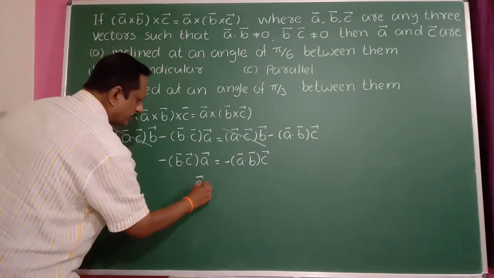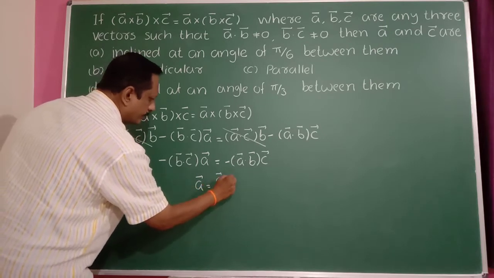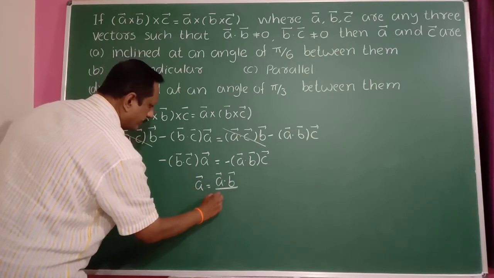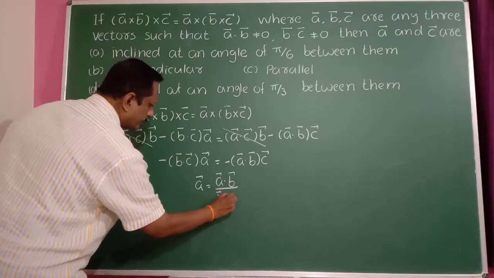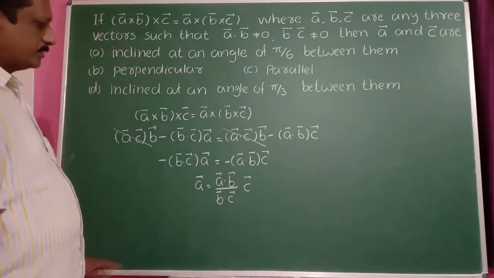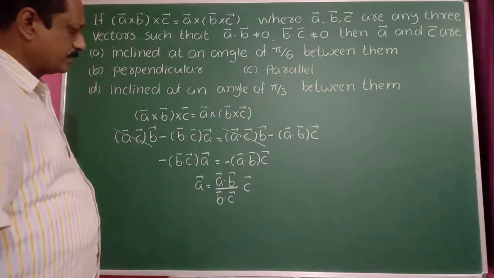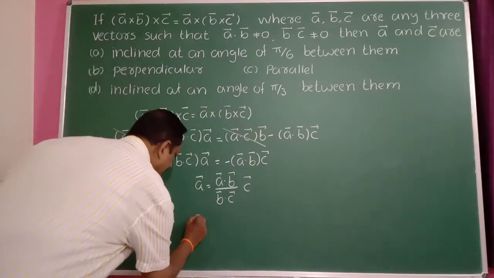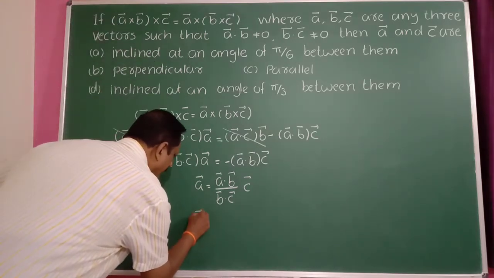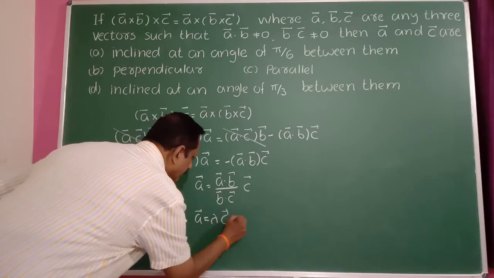So A bar is equal to (A bar dot B bar) divided by (B bar dot C bar) into C bar. So these are scalar terms here.